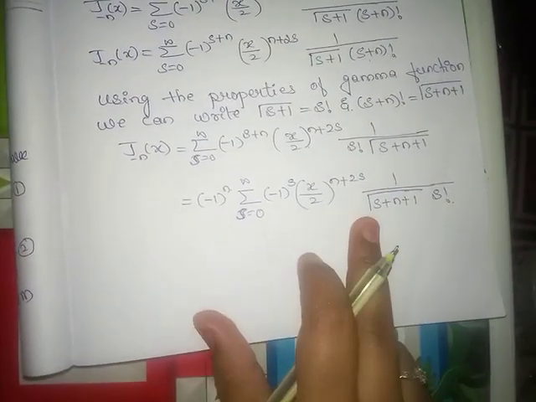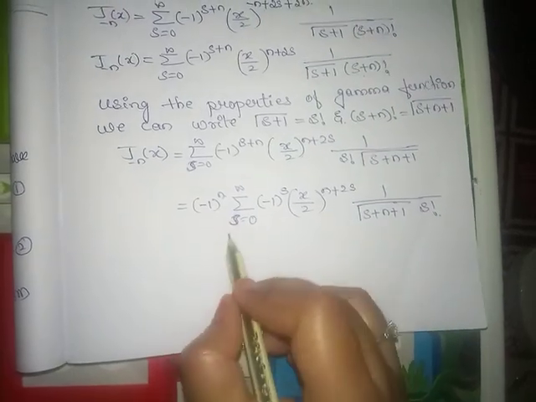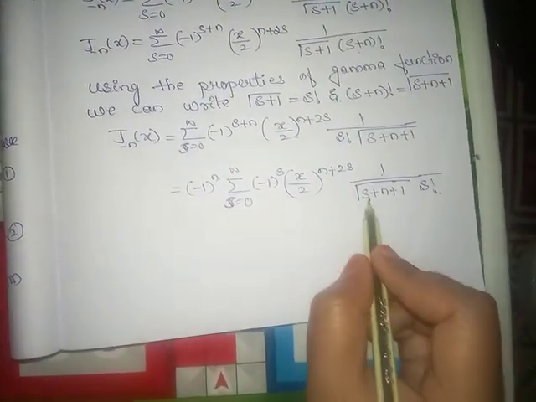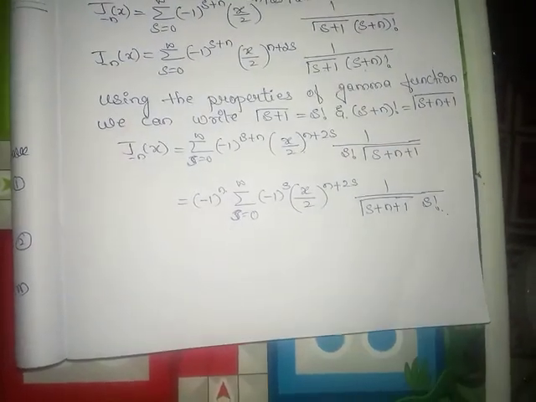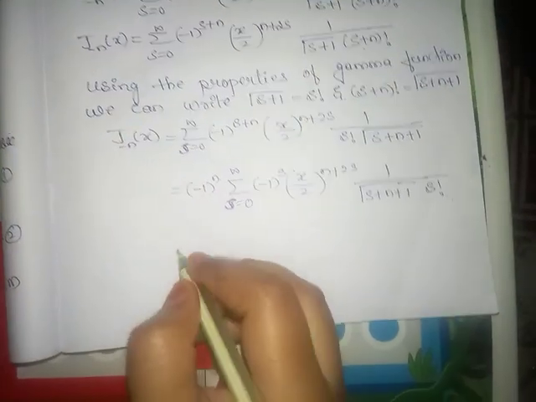See, comparing this with equation 1, the equation 1 and this expression are the same, but the difference is only what? Here we have the variable s, and in Jn of x we have the variable r.